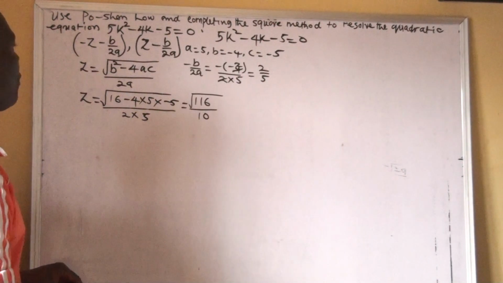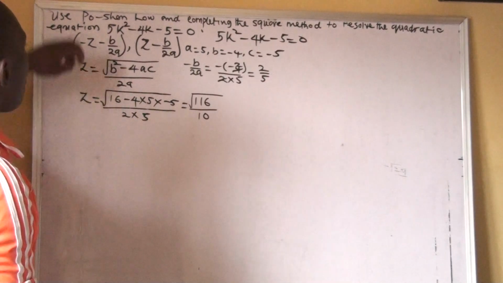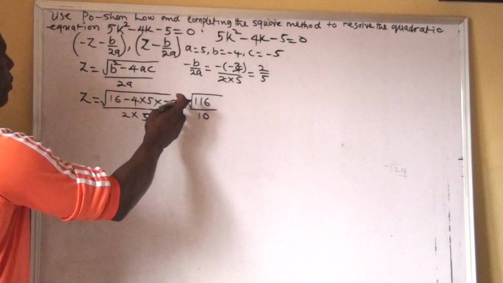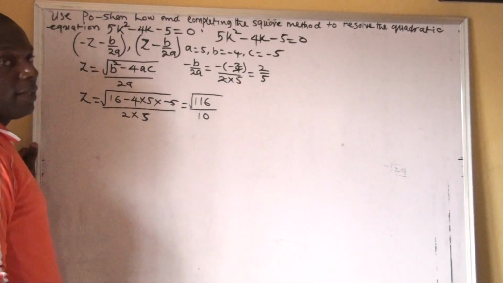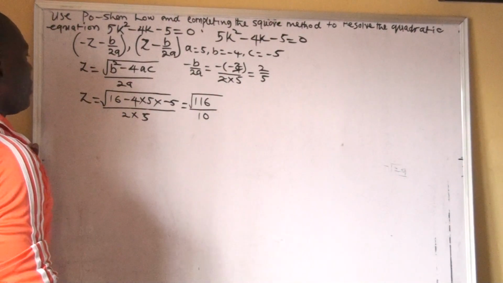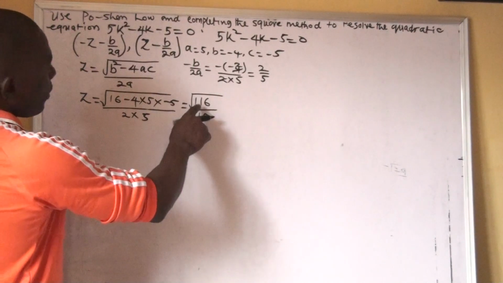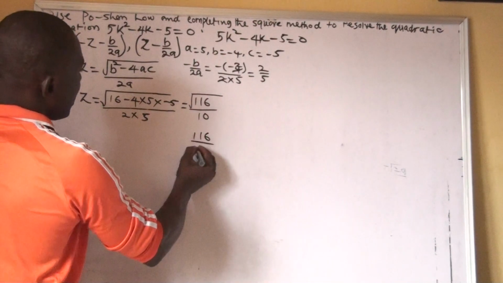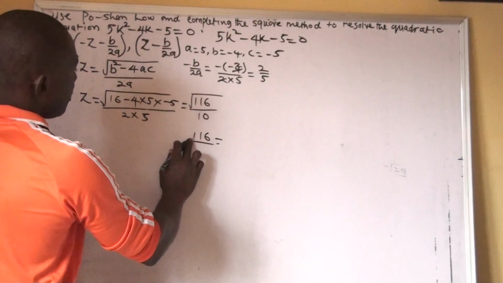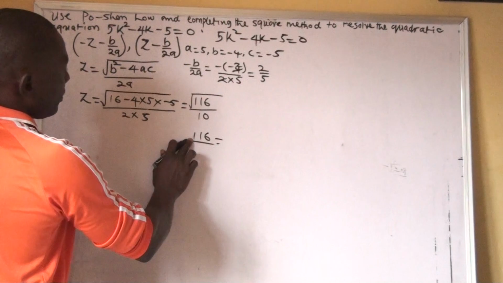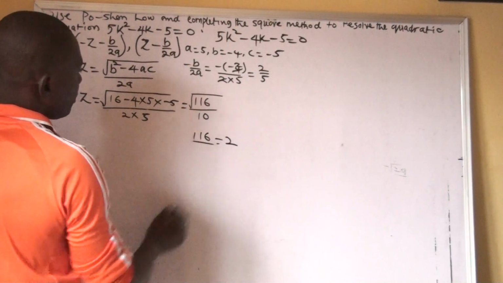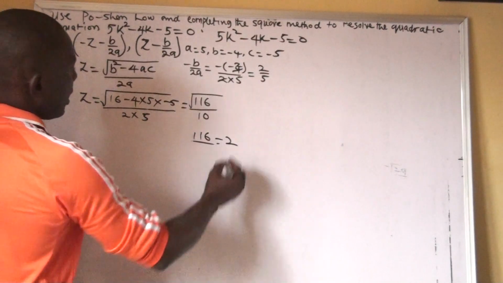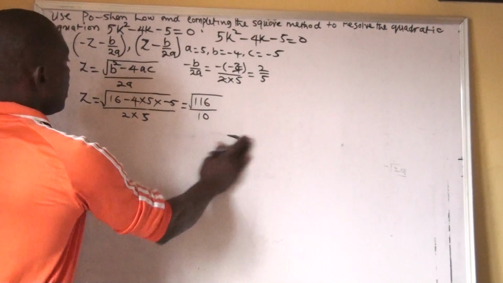Now, to obtain the root that has the negative, we just multiply this by minus z. Let's see whether 4 can divide 116. Yes, it does, so we reduce this expression.